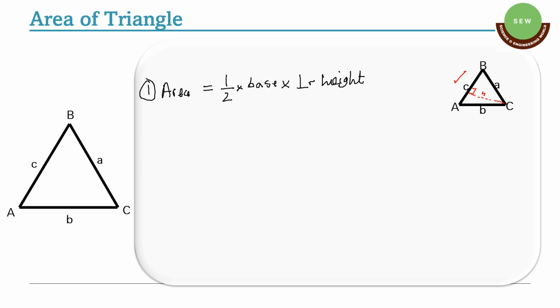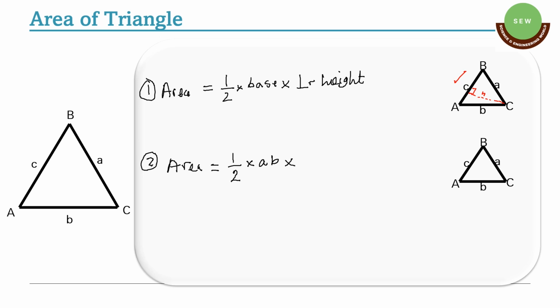Let us look at the second method. In the second method again, we are looking at that triangle, which is method number 2. Method number 2 says here that area is equal to half, just like what we have before, but half of two known sides. That is half of, for example, if we know A and B, that is half of A times B times the sine of the angle included.